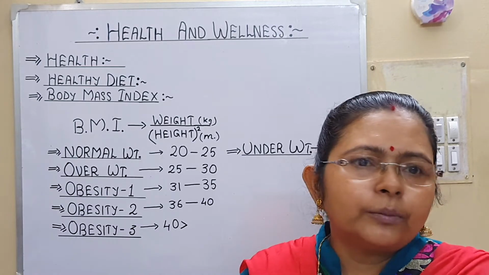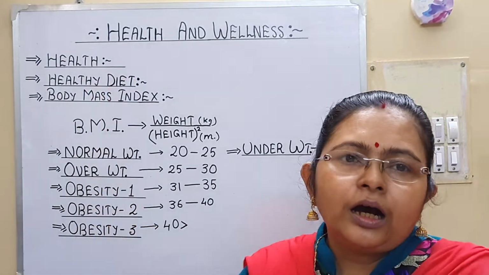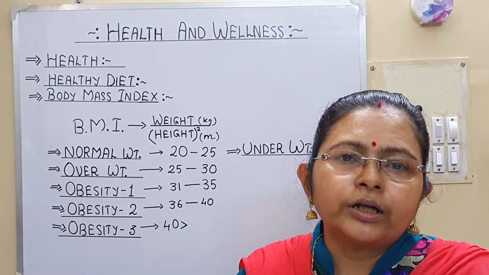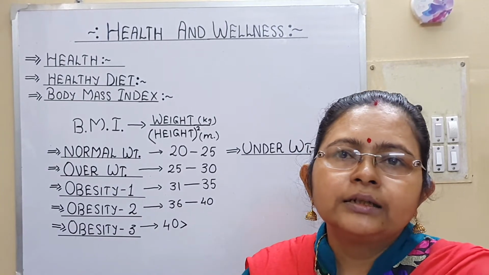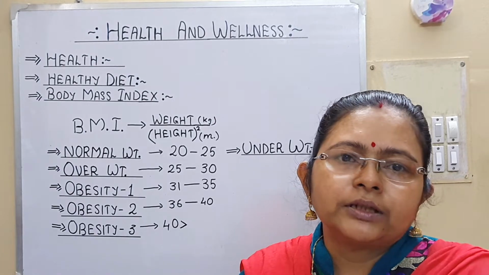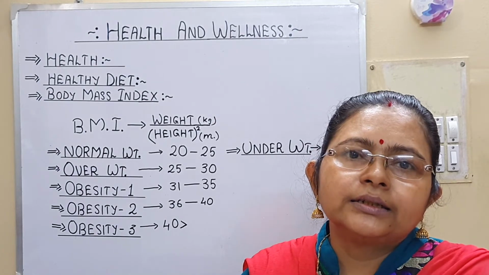So when we are talking about the healthy person, we have to talk about the healthy diet. That's why a healthy diet is very important to assess a healthy person, because we know that diet can be of different types. Normally it is the balanced diet, and the other is the imbalanced diet.